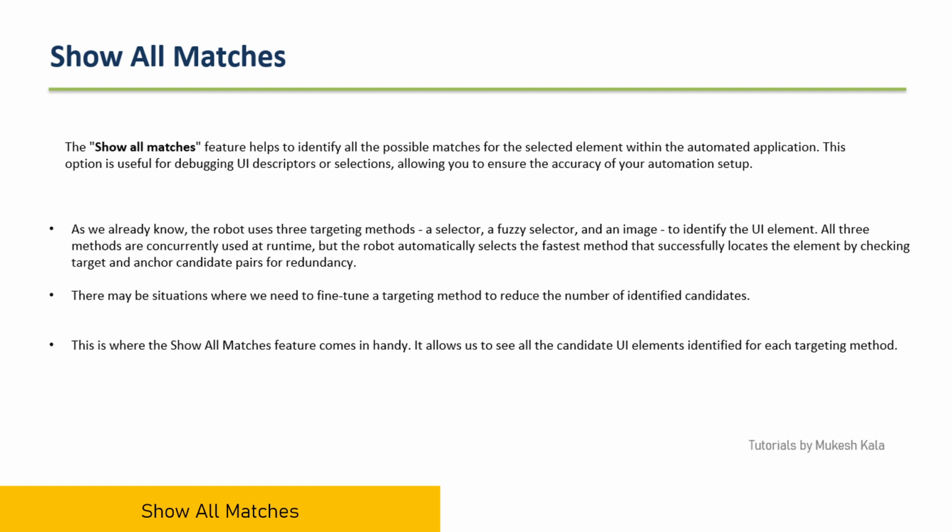We already know that it uses a combination of selector, fuzzy selector and image, right? But sometimes the robot is able to identify more than one element. In that case, as a developer, you have to make sure that the robot does not identify more than one element on the screen. You have to tweak the selectors, you have to tweak the fuzzy selector, you might need to redo the image, right?